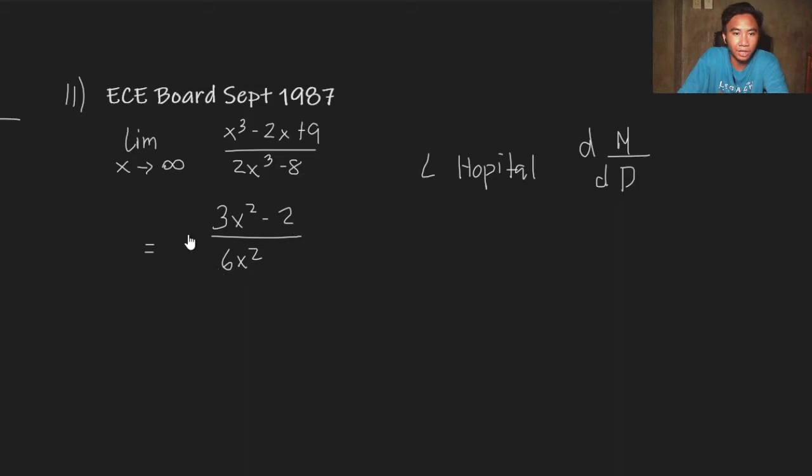Ito, mawawala na. Dahil, the derivative of constant is 0. So, as x approaches to infinity, ang gagawin natin is, i-divide natin sila. So, the limit as x approaches to infinity, we have 3x squared all over 6x squared minus 2 all over 6x squared.